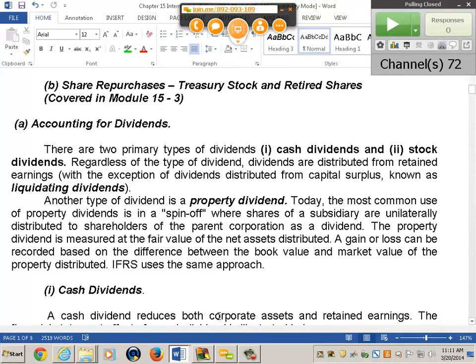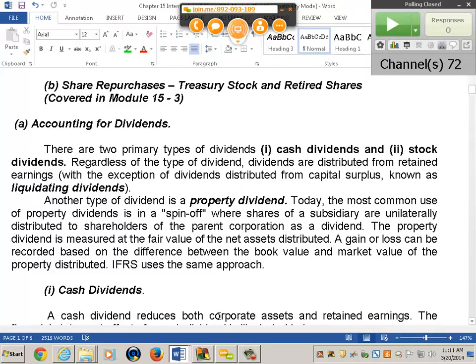There are other types of dividends as well. Most dividends are paid out of retained earnings, with the exception of dividends that come out of surplus or paid in capital. These are known as liquidating dividends. Liquidating dividends simply mean, in our definition, that a dividend is not paid from retained earnings.